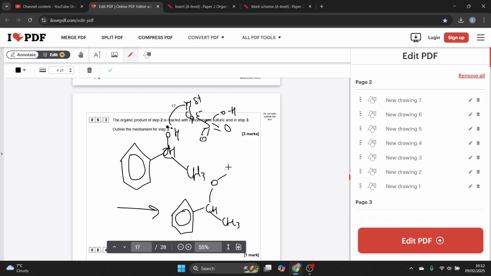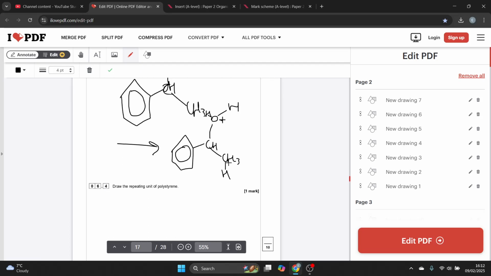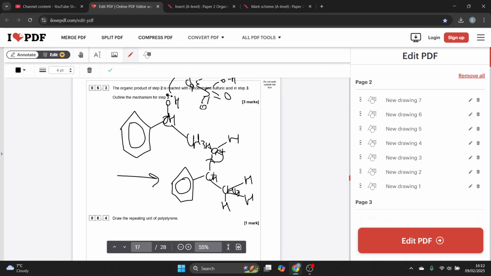Sorry, this water molecule now. Oxygen is positively charged. You've got your CH3, and actually now I need to draw them out as a displayed formula properly. There you go. And then what happens is the carbocation forms here, that leaves, and then this is positively charged.